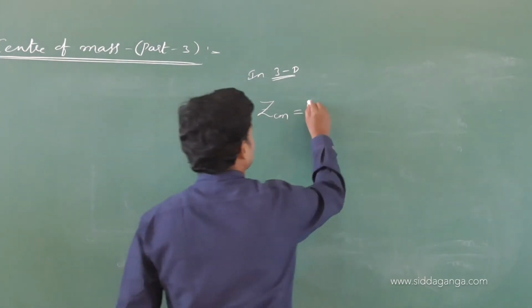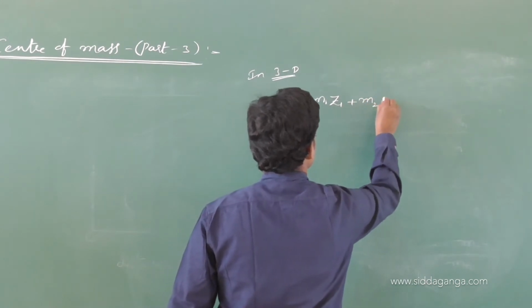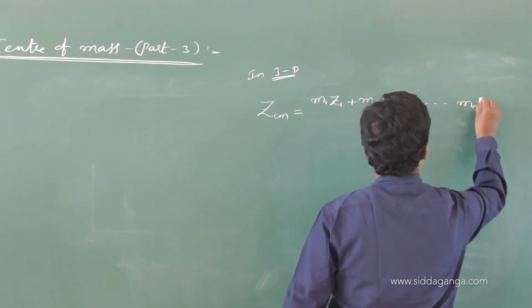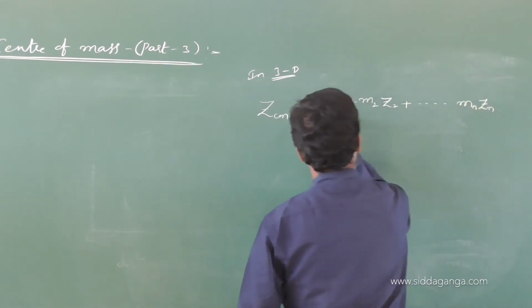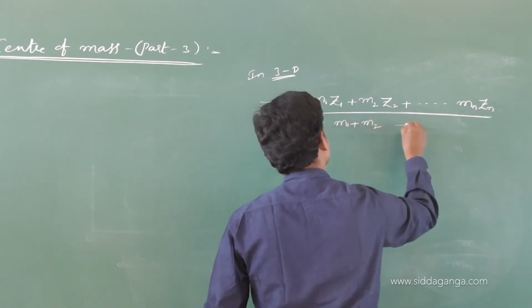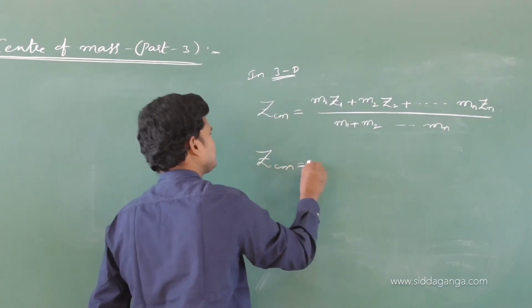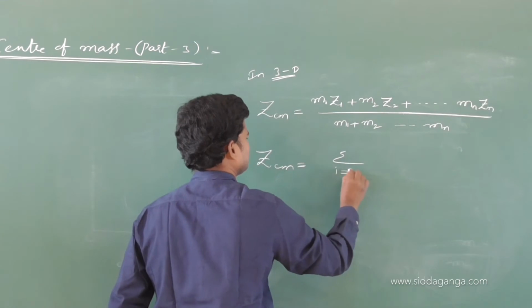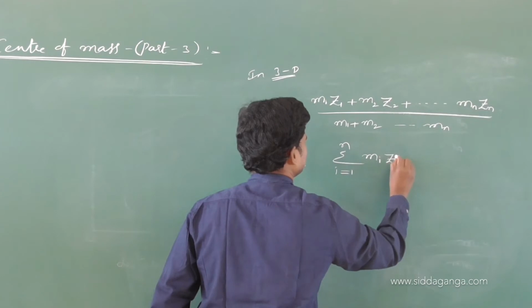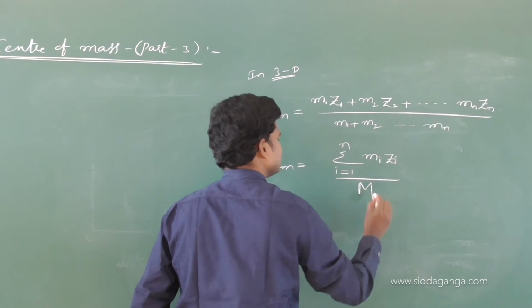So we can write M1 Z1 plus M2 Z2 and so on up to Mn Zn, divided by M1 plus M2 up to Mn. We can write summation of i equals 1 to n, Mi Zi, divided by, you can write directly, total mass.